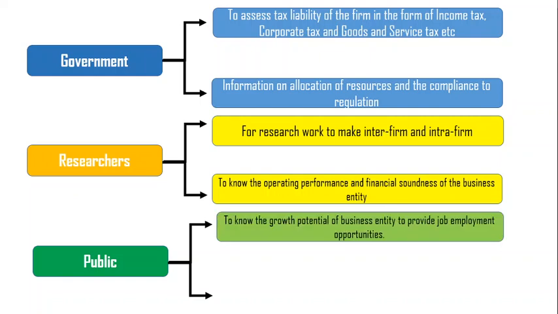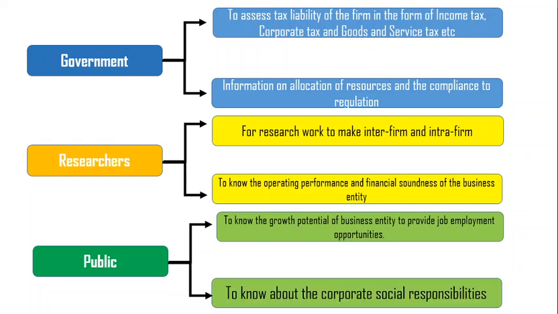Public is also interested in knowing about the corporate social responsibility. So all this information is derived from accounting information. So public wants to know the growth potential for job employment opportunity, and also whether these companies are fulfilling their social responsibility.